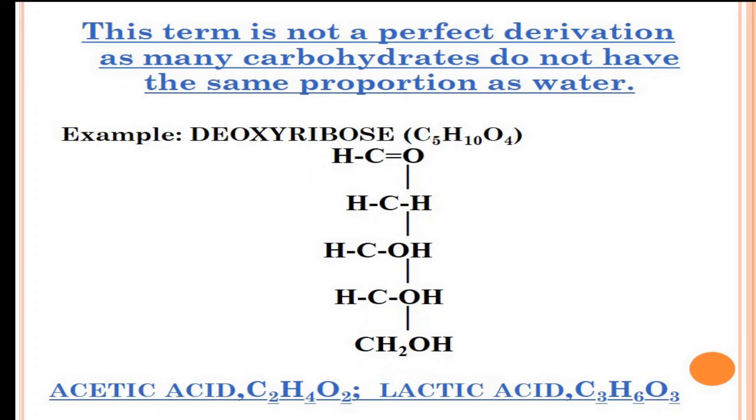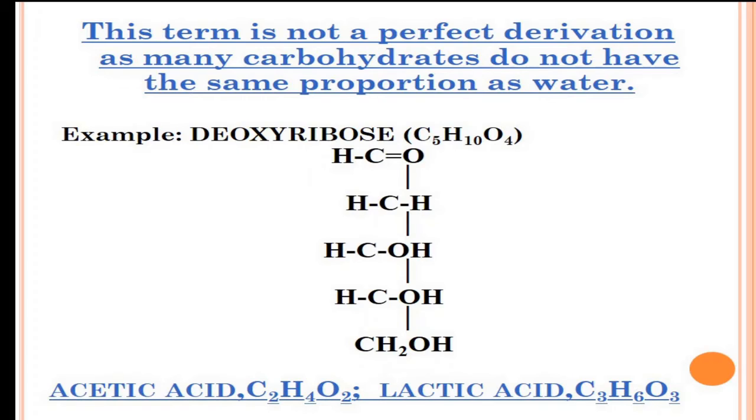Students, remember that the definition presented in the previous slide is not a perfect definition because we have certain exceptions to that definition. The first one is the deoxyribose. Deoxyribose is a sugar which is present in the nucleic acid molecules as a part of the nucleotide.